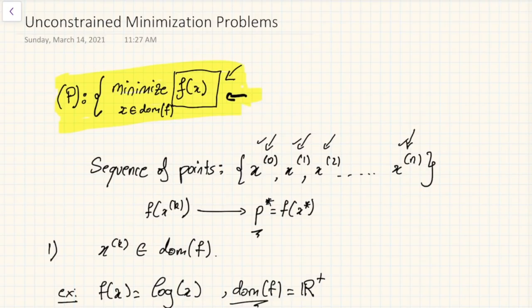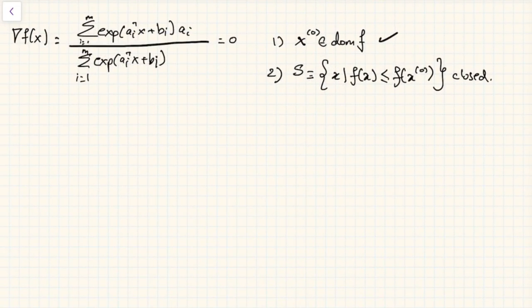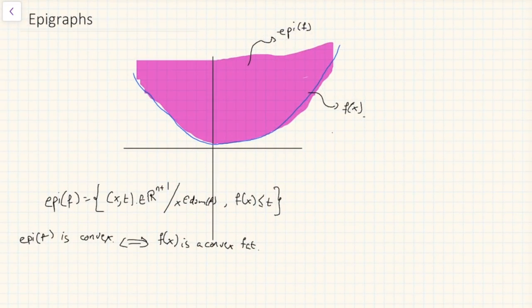Now, usually it is hard to verify this, except when all my sublevel sets are closed. That is the case if you know that the epigraph of f, which we talked about in previous chapters, is closed.